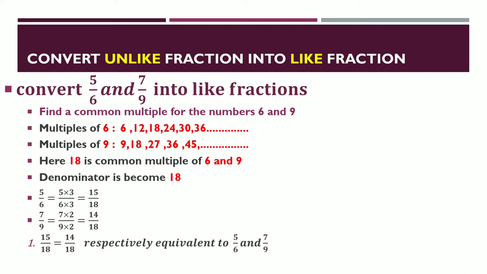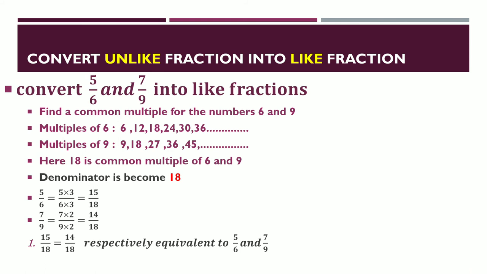So we find multiples of 6 and multiples of 9. Multiples of 6 are 6, 12, 18, 24, 30, 36. And multiples of 9 are 9, 18, 27, 36, 45. Here 18 is a common multiple of 6 and 9.